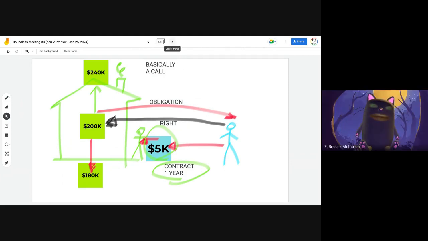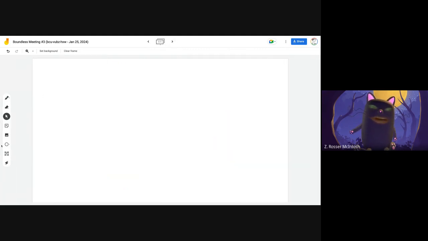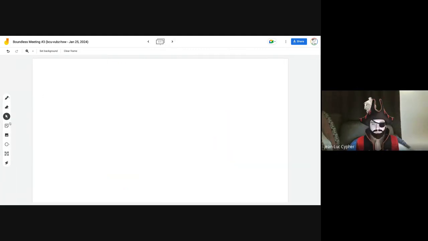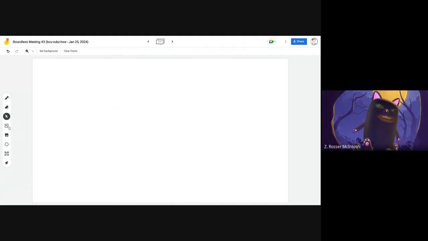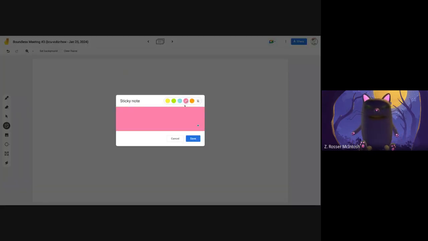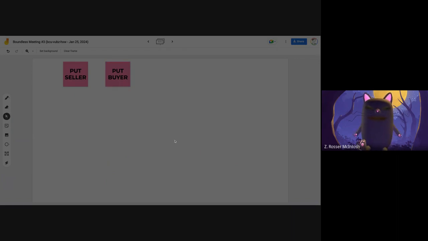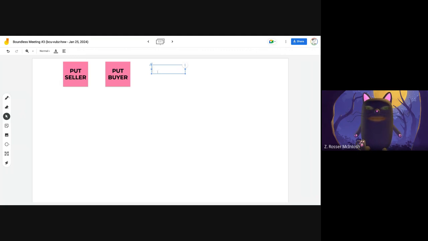Yep. Now, on the put side, since it would make it kind of weird to do it with a real estate example, I'll just use a market example. Okay. So we'll just say here that we have the put seller, put buyer, and I'll do the same thing I did before.